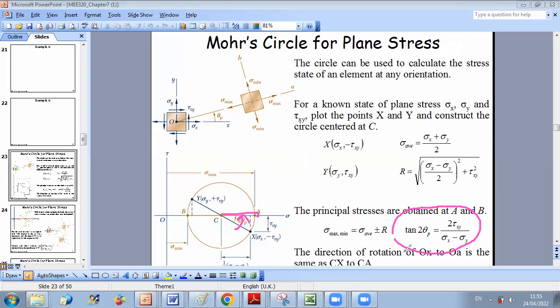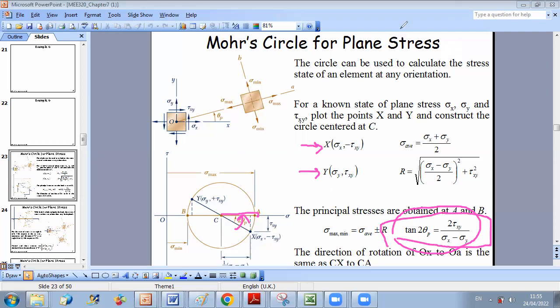Of course it will work for any combination. Not always will tau xy be positive and sigma x higher than sigma y. Whatever combination you try, you will see that I should take for point X the coordinate sigma x minus tau xy, and for point Y the coordinate sigma y plus tau xy, to give the result that tan 2 theta p is equal to 2 tau xy over sigma x minus sigma y.